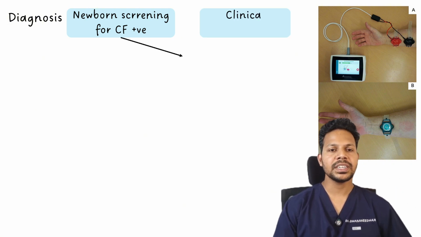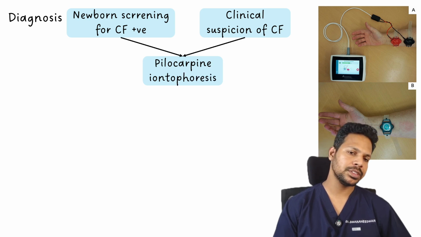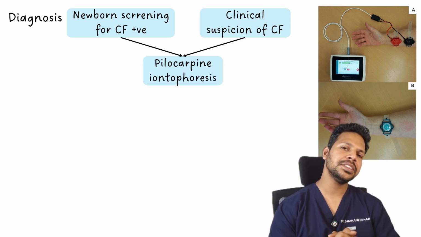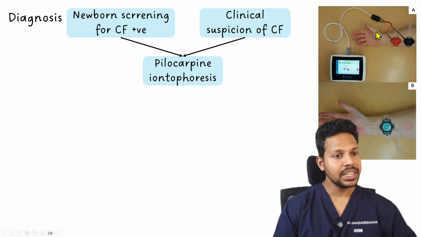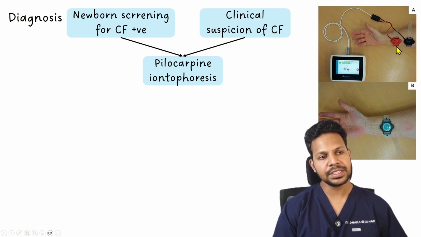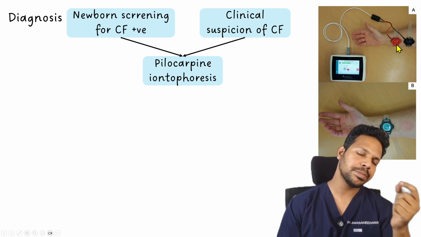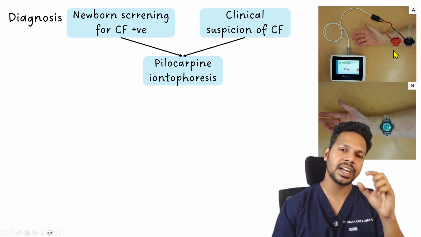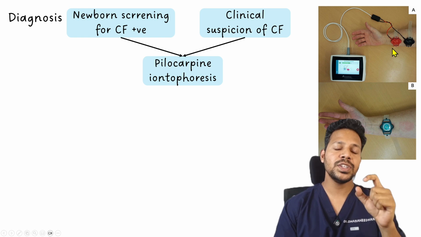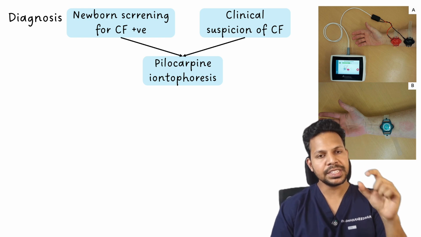And if you suspect cystic fibrosis even in childhood or adulthood, the next investigation is to do pilocarpine iontophoresis. See, the pilocarpine iontophoresis means, as you can see in the image, here is the apparatus where the charge is being delivered to these discs. This apparatus contains a pilocarpine disc on which the electrodes give some electric current. Because of this electric current, the drug infused discs will transfer the drug from the disc into the skin.